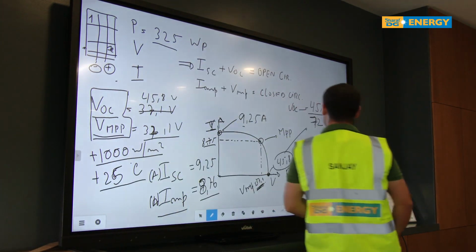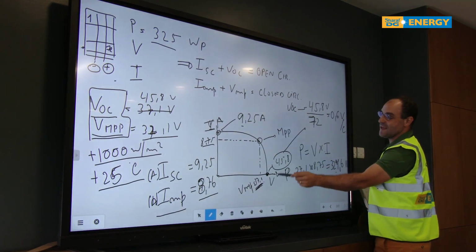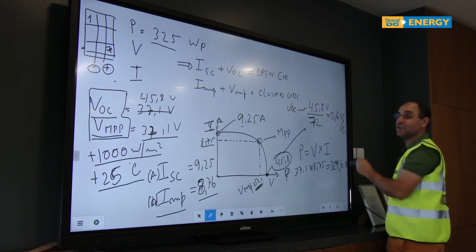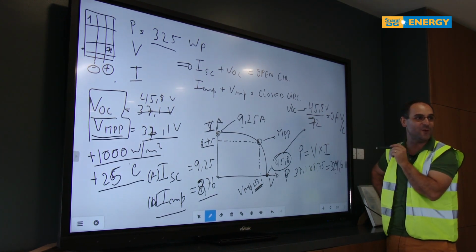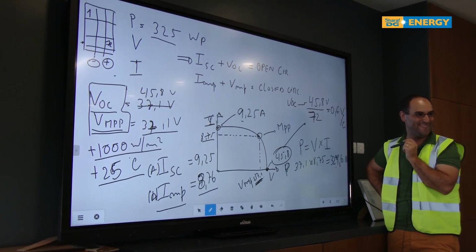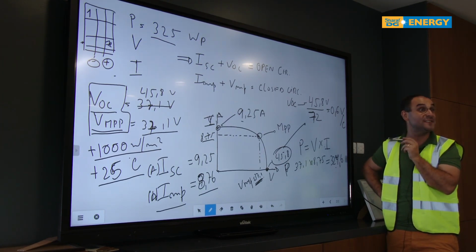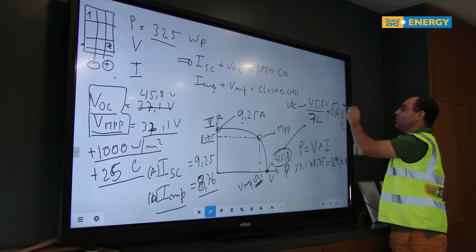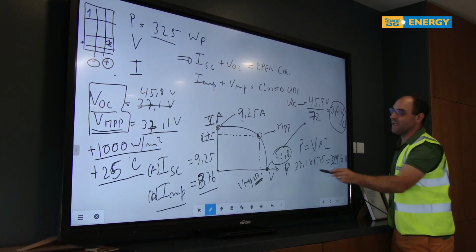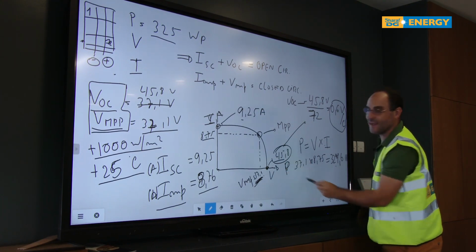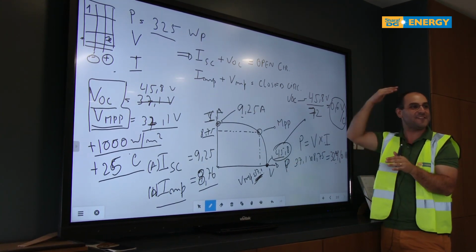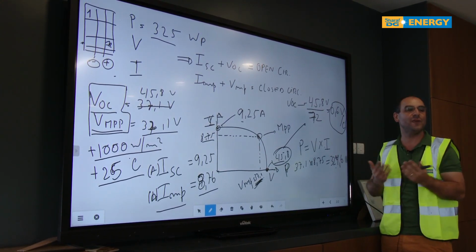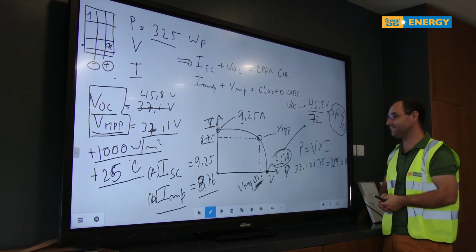So, if you divide the VOC, the maximum value, by the number of cells, you will know that every cell will have 0.6 volt. You can do the same for current. So, you will know nowadays, by looking into a value like this, whether you have a 72 cell, a 60 cell or a 48 cell panel.